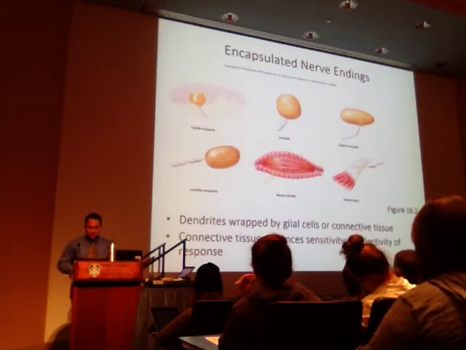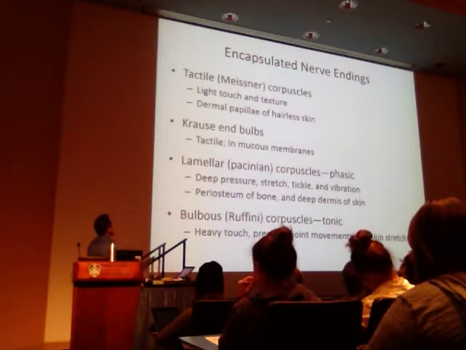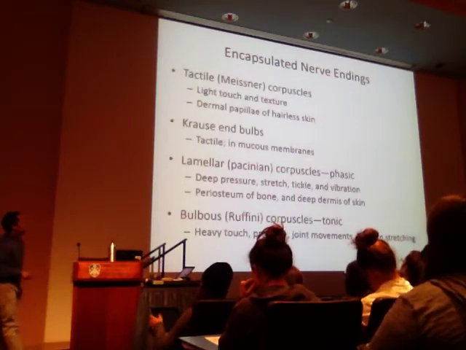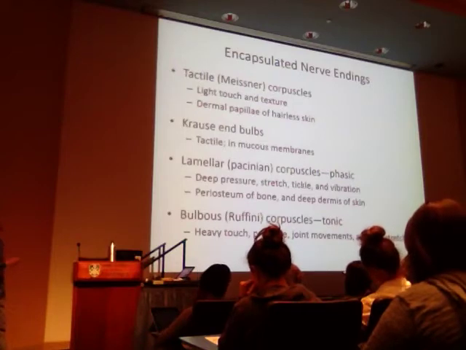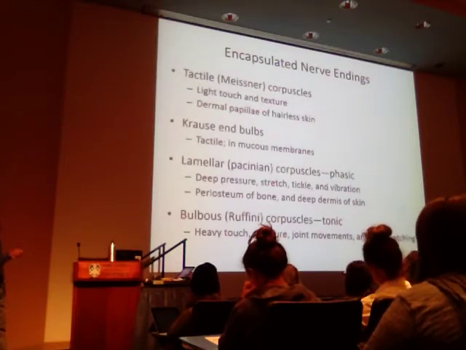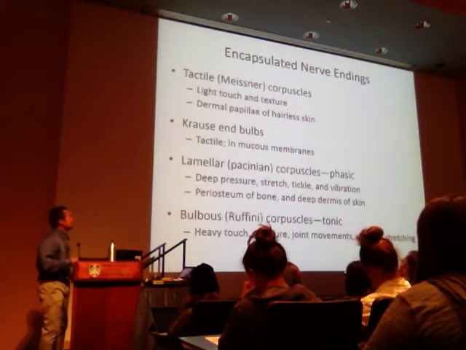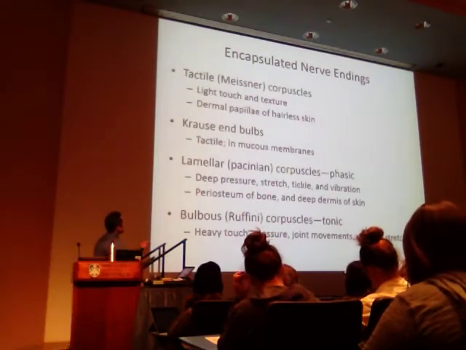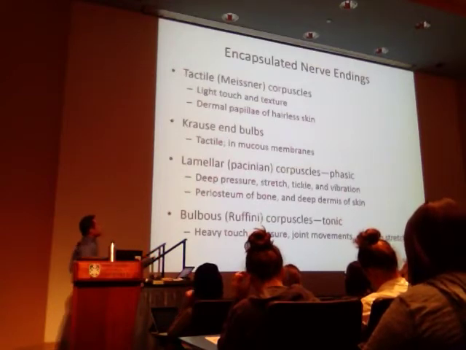If we look at these encapsulated ones, they're more sensitive. Things like the Meissner's corpuscle, this is going to be light, touch, and texture. The Krause end bulb is found in mucous membranes, giving you tactile information. The Pacinian or the lamellar corpuscle, deep pressure, found in the deeper dermis of the skin.